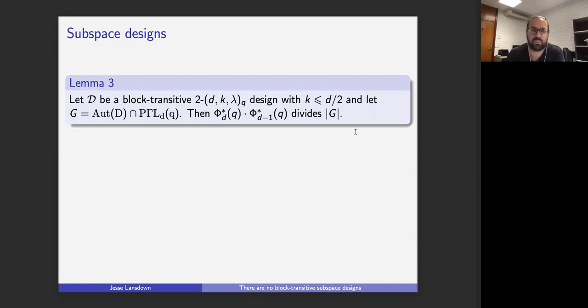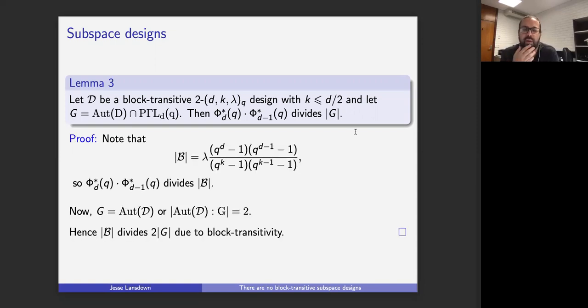And so I thought this would be a good place to have a sketch of a proof. We start by counting the number of blocks. You can come up with formulas for this, which involve the Gaussian coefficients or the q-binomial coefficients. Since we've only got 2 for t, there will only be 2 terms on the top and the bottom.